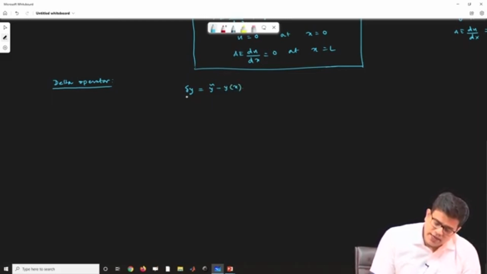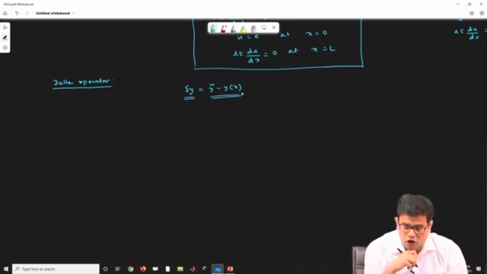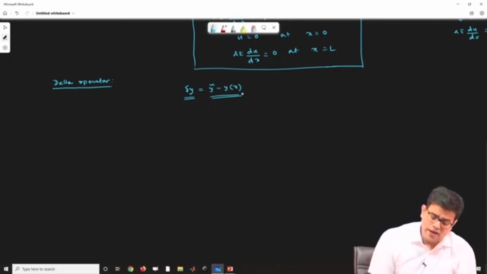So this delta y is actually the variation of y, or the variation of the optimal function, given x. The important thing is that it is given x, because y cannot be arbitrary. y has to follow some admissibility criteria, which is essentially the boundary condition.